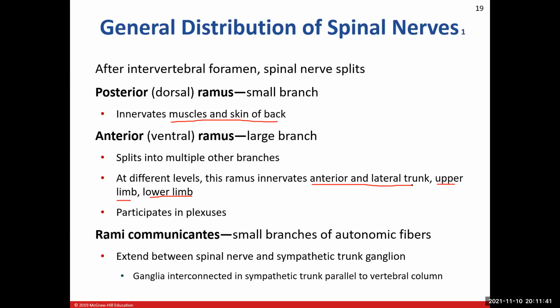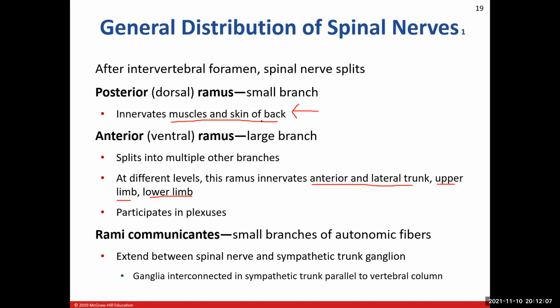That includes the thoracic region, the abdominal region, and the pelvic region. But that's just for the sides and the front, because remember, we already got the back taken care of over here. So the anterior ramus will cover the remaining parts of your trunk, the anterior and lateral portions, plus your limbs. That covers pretty much everything.